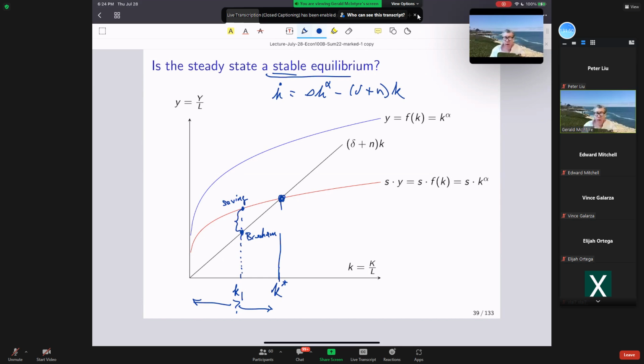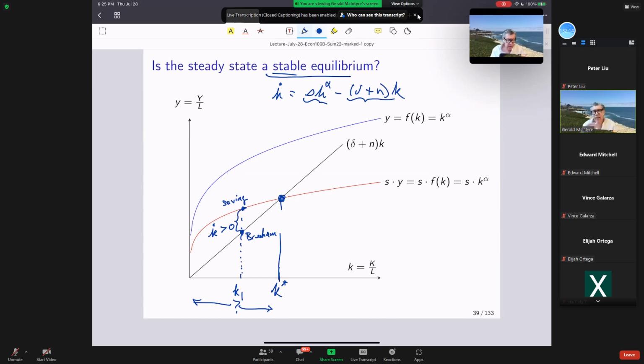Notice that break-even investment is less than saving. Then it must be the case that small K dot is positive at that point, because savings is higher than break-even investment.